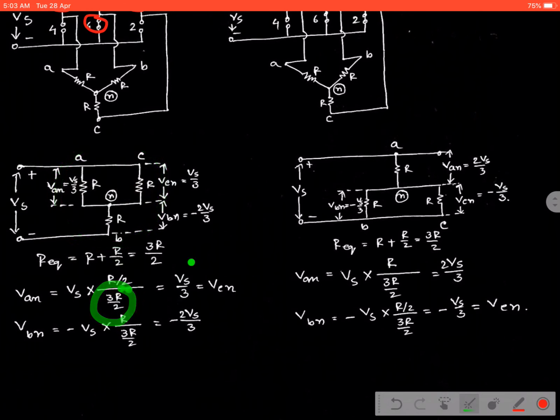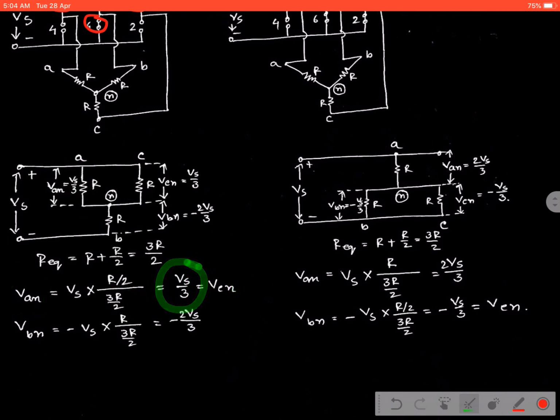That will give you Vs by 3. As VCN and VAN are the same in magnitude, VAN equals VCN, and the voltage magnitude is Vs by 3.